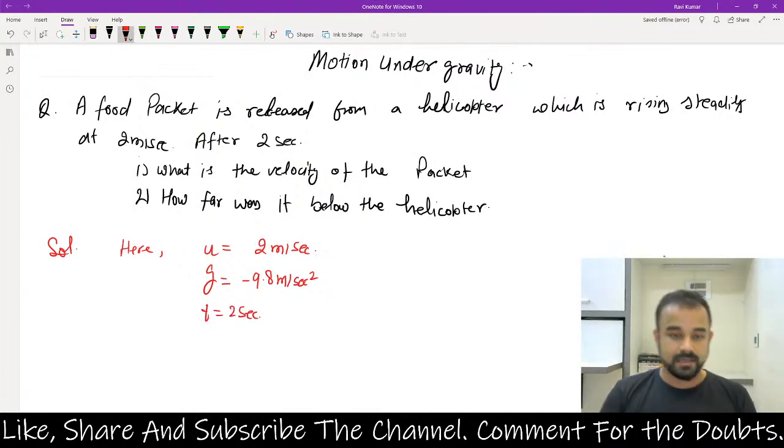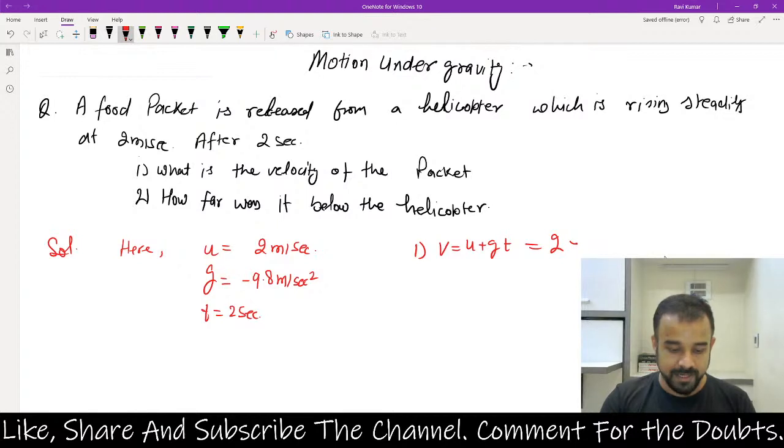We know that v is equal to u plus gt, that is equal to 2 minus 9.8 into 2, that is equal to minus 17.6 meter per second. So first, our answer has come.